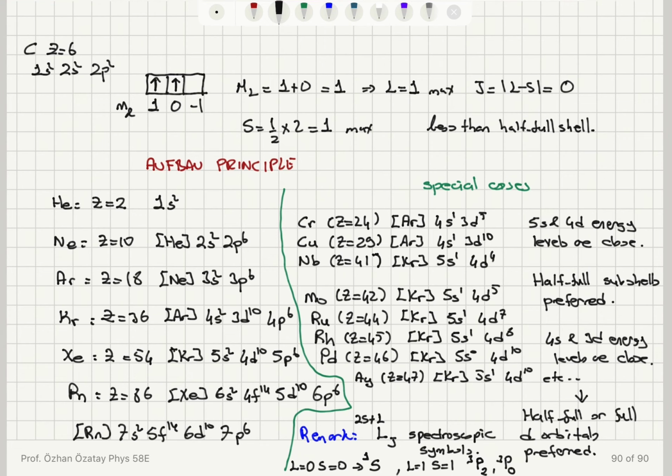Basically we see that 5s, 4d and 4s and 3d energy levels are close, so we have a preference to have half full or full d orbitals in the electron configuration. So these special cases are listed here, and we see that we can denote the total S, L, and J values. So for the system of interest, we can use this spectroscopic symbol as 2S plus 1, L, J structure.